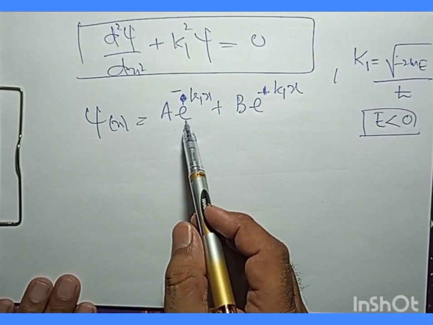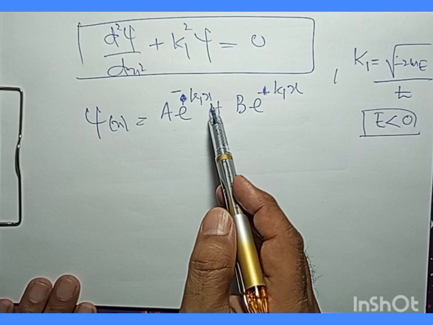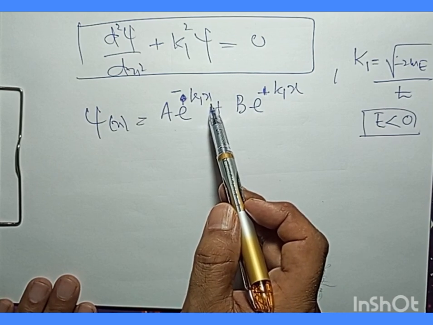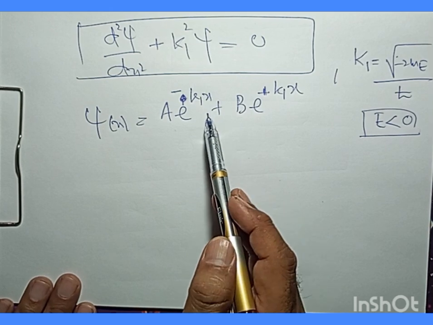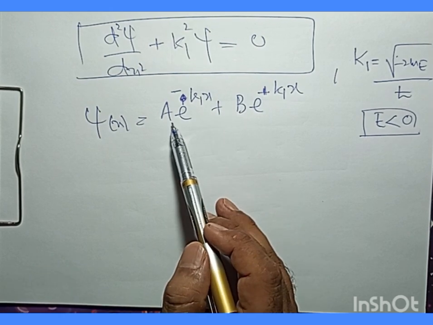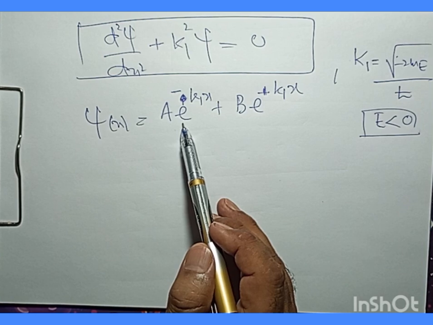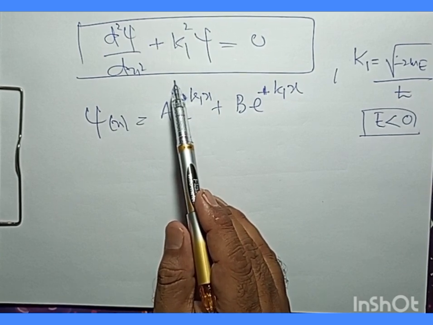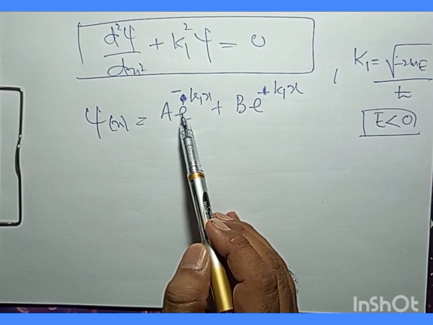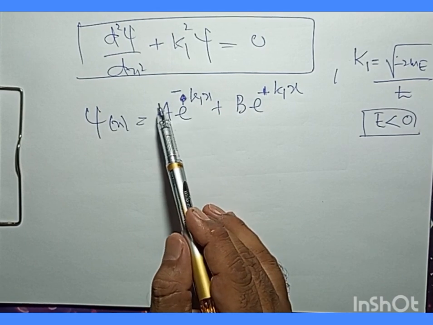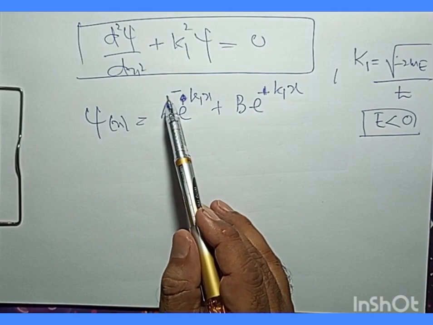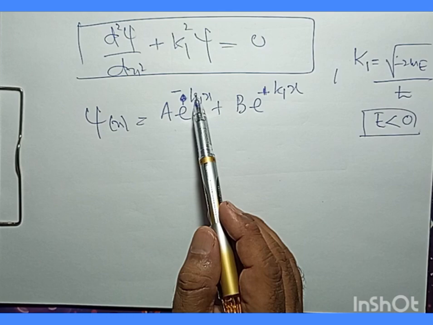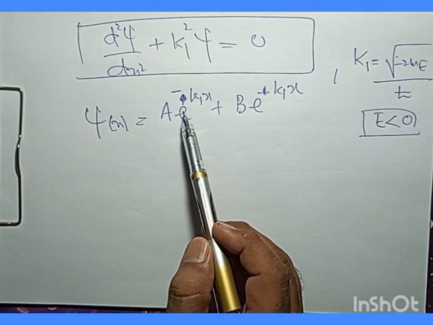Now, in doing so, we can look at the first term that we have chosen here in this general solution for this differential equation. The first term blows up at x equal to minus infinity, and it doesn't have any physical significance because it goes to infinity.